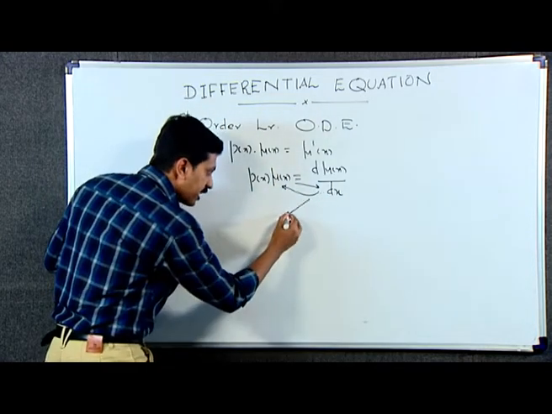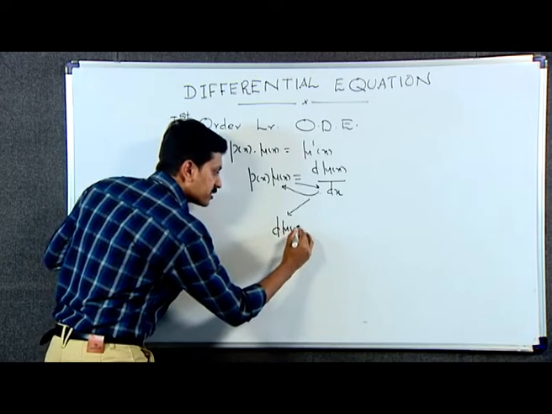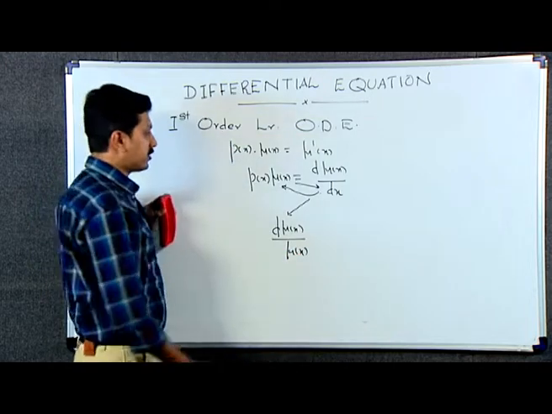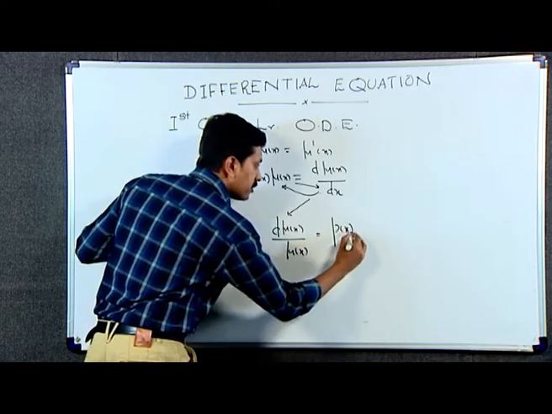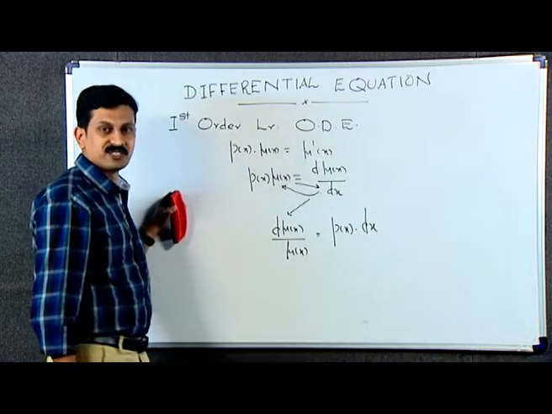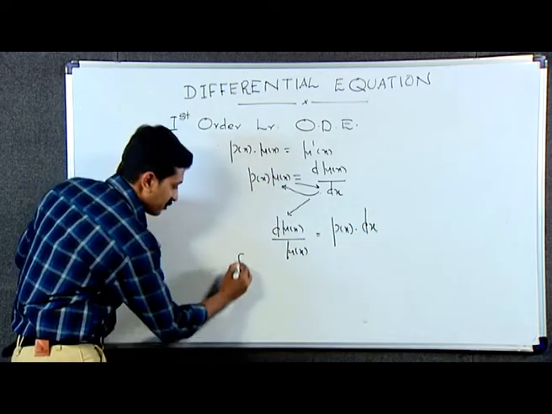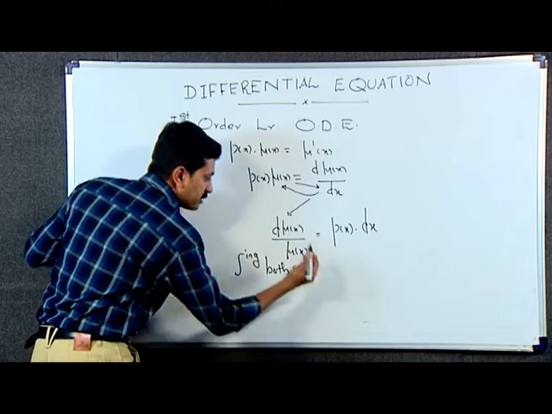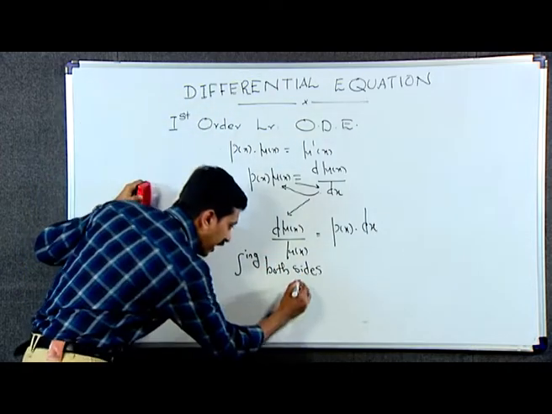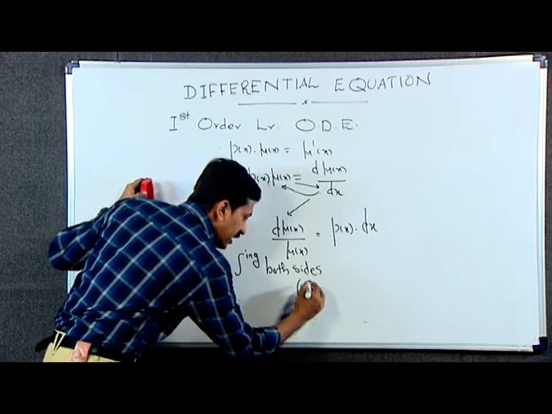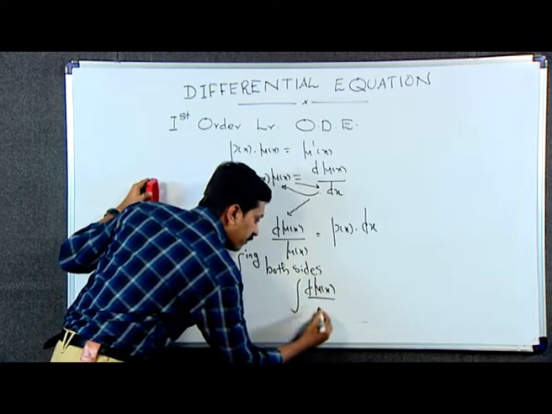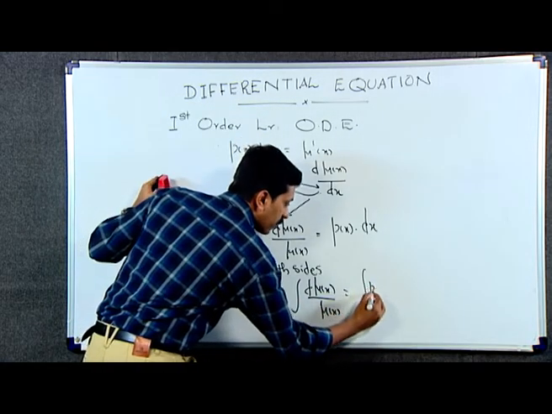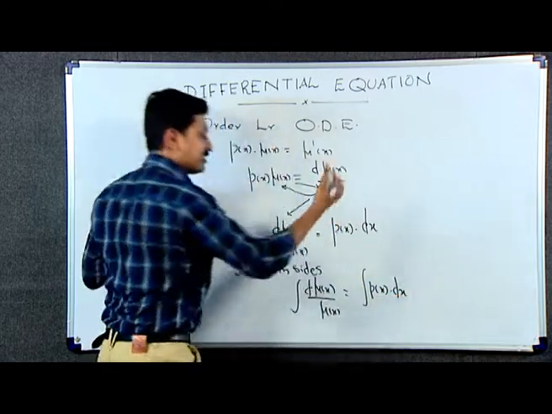Therefore, we can write d mu of x divided by mu of x is equal to p of x into dx. Integrating both sides, we have the integral of d mu of x divided by mu of x is equal to the integral of p of x into dx.